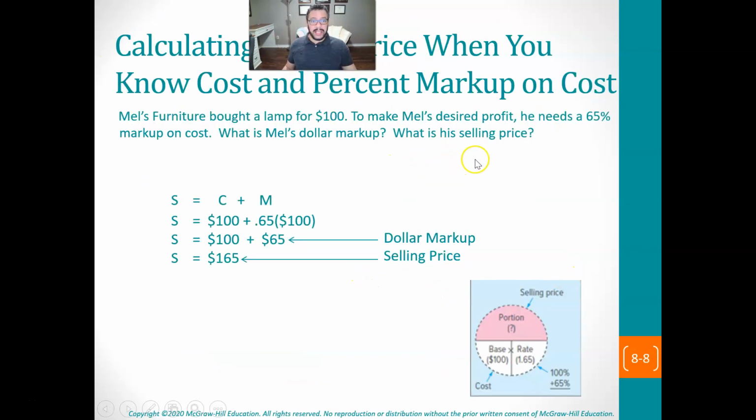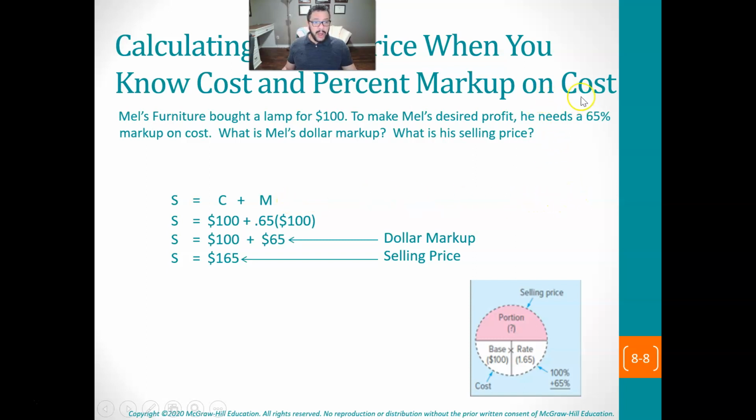So let's look at this. Calculate selling price when you know the cost and percent markup on cost. Now, this is the title, but just look, we're going to work through the problems and you'll figure out what's going on. We want to keep this formula here. Selling price equals how much this thing costs plus the markup, right?